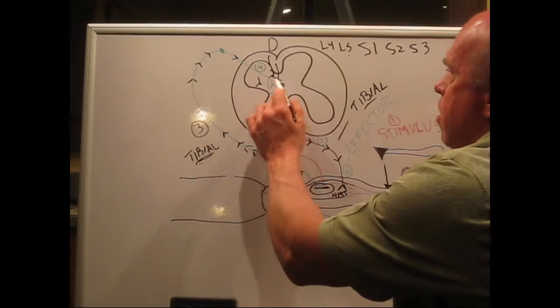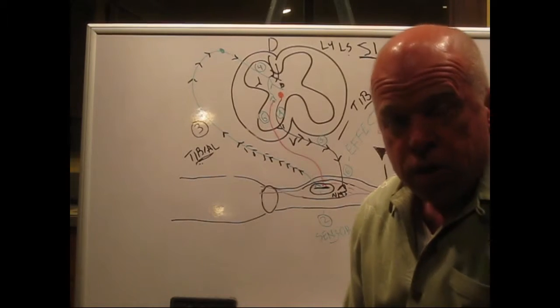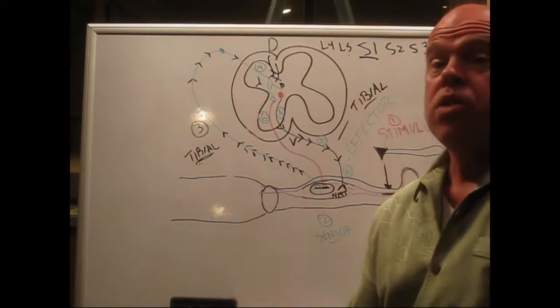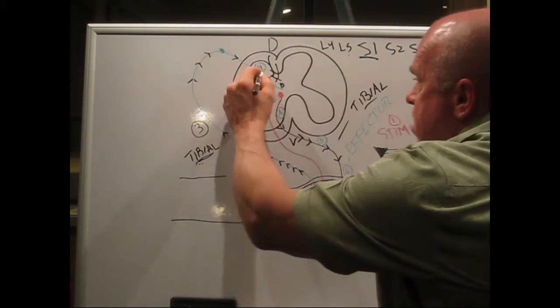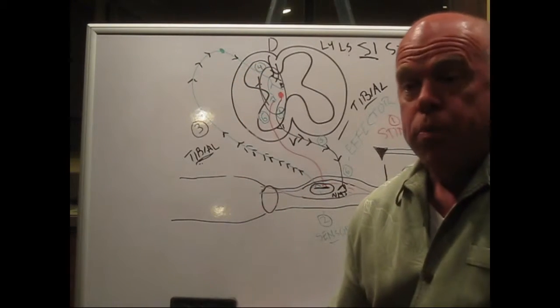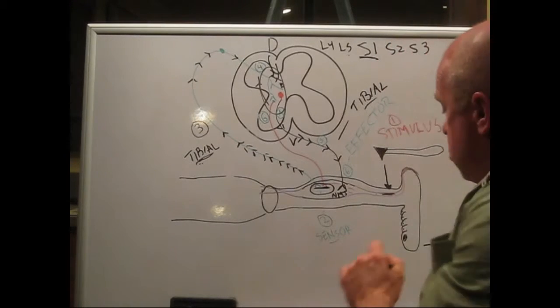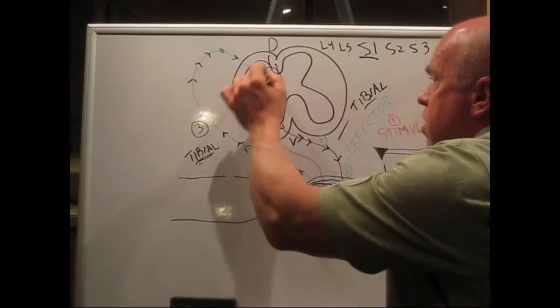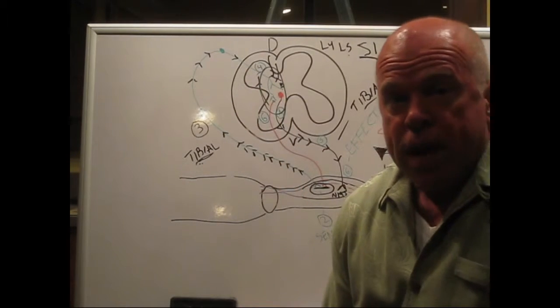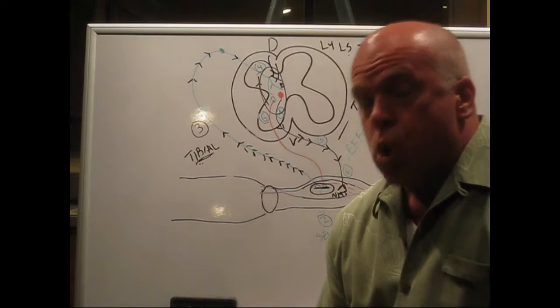We know that at least the S1 level of the spinal cord is healthy, because disease and damage here in the spinal cord can disrupt these synapses and produce reflex changes. In the presence of normal reflexes, we can conclude that the S1 level of the spinal cord is functioning normally.